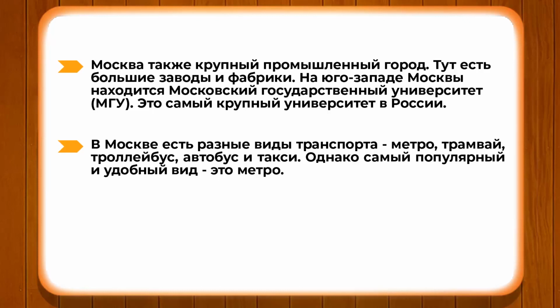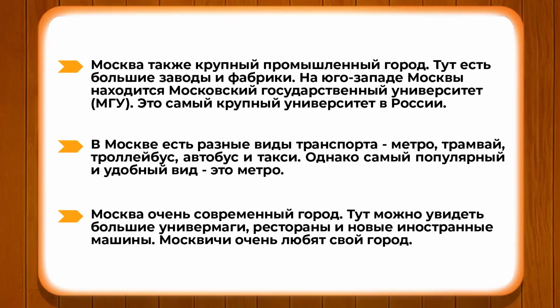Now the last paragraph of the text: Москва – очень современный город. Тут можно увидеть большие универмаги, рестораны, новые иностранные машины. Москвичи очень любят свой город. So here we are saying that it is a very cosmopolitan city where you will find the most modern technology, supermarkets, restaurants and new and latest designs of cars.